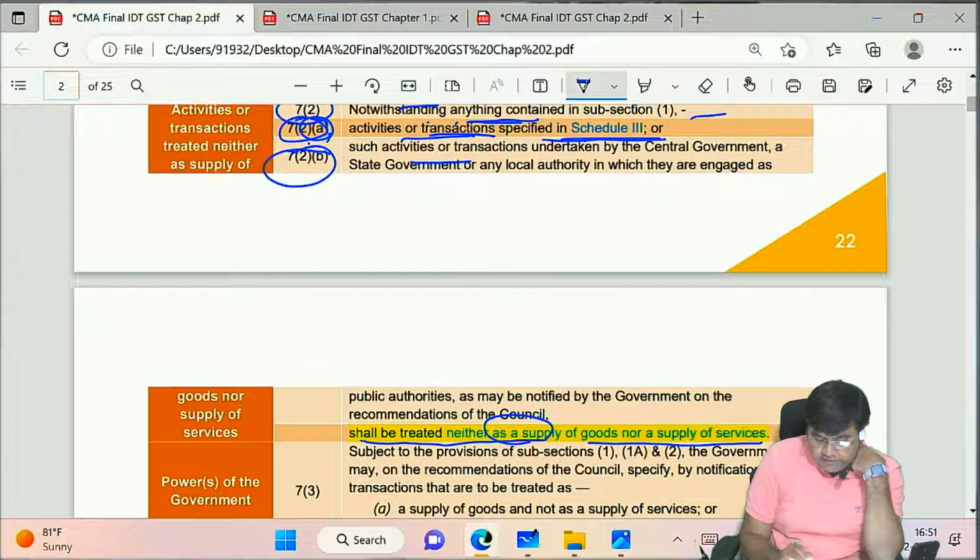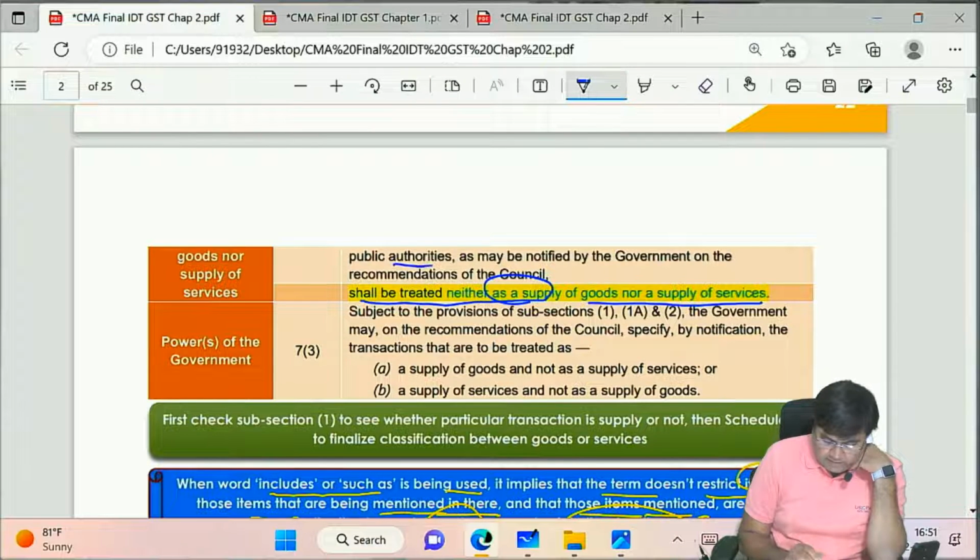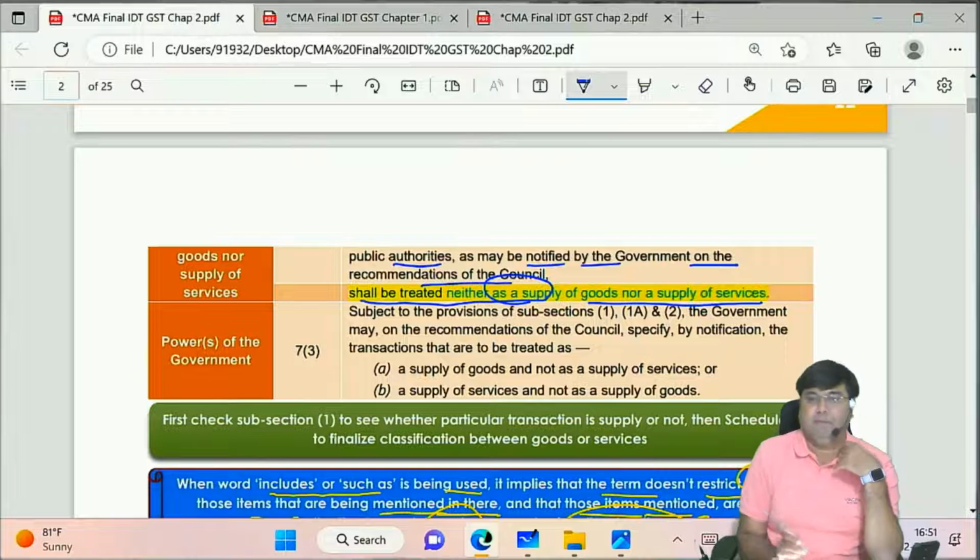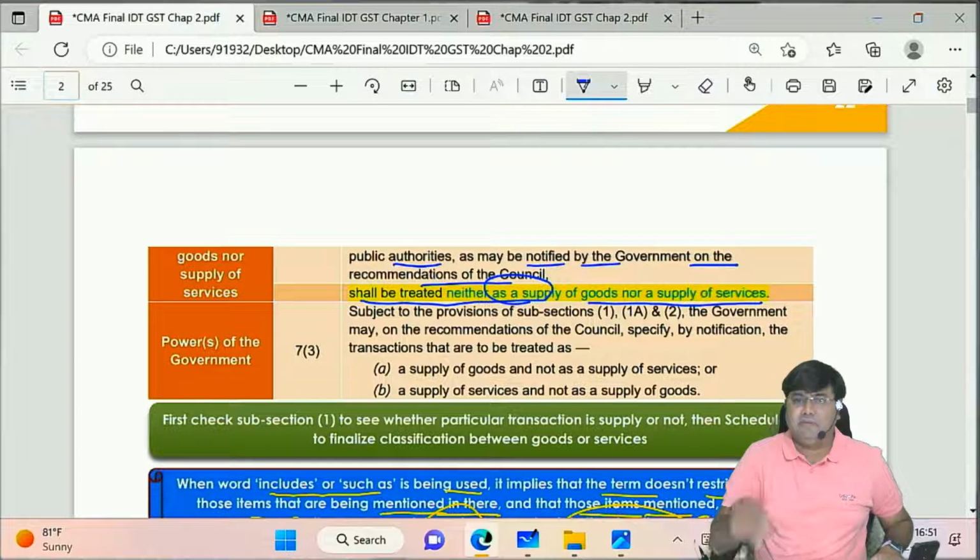Such activities or transactions undertaken by the central government, a state government or any local authority in which they are engaged as public authorities, as may be notified by the government on the recommendation of the council. Council means the GST council, whose definition we have discussed.